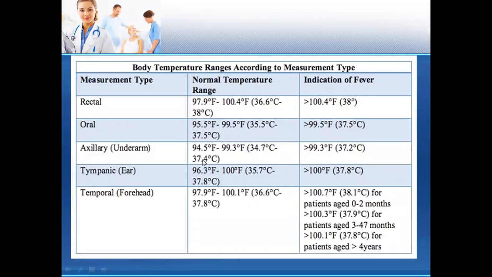Some books say 35.5 to 37.5 degrees Celsius. The tympanic is 0.5 degrees higher than oral, and on average it is 35.7 to 37.8 degrees Celsius.